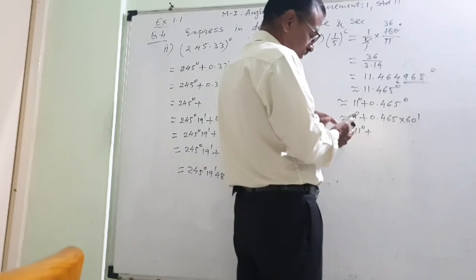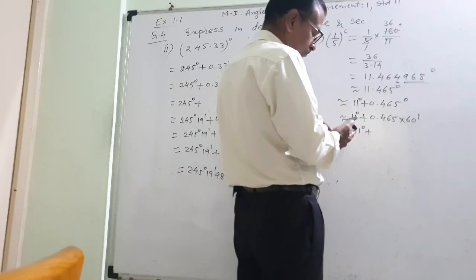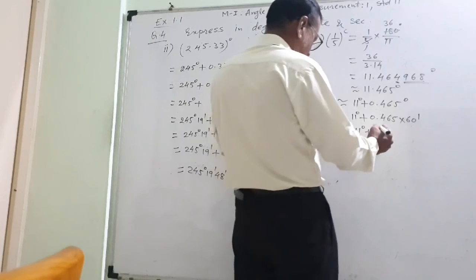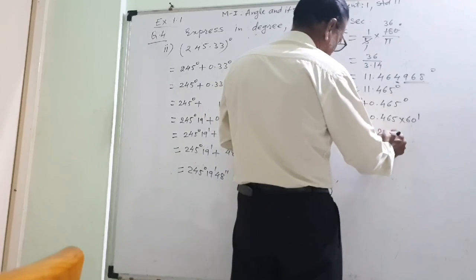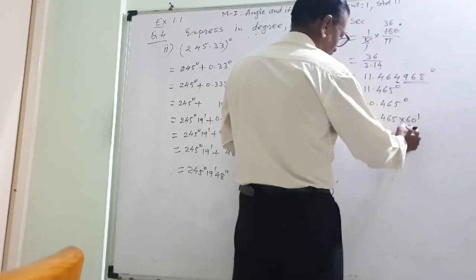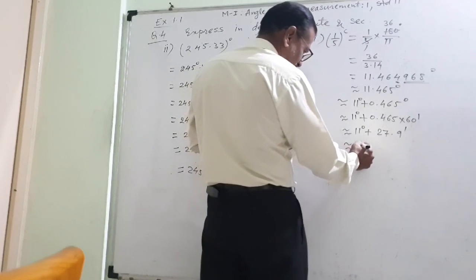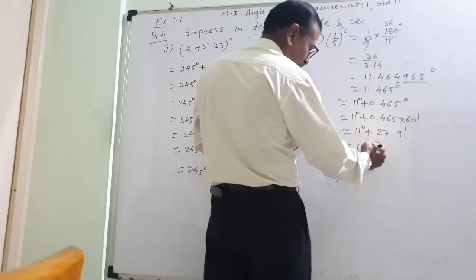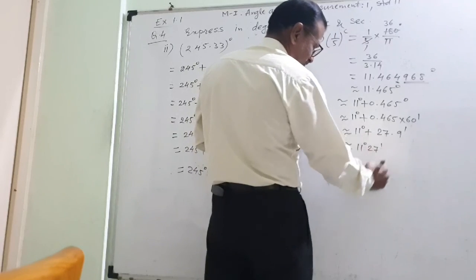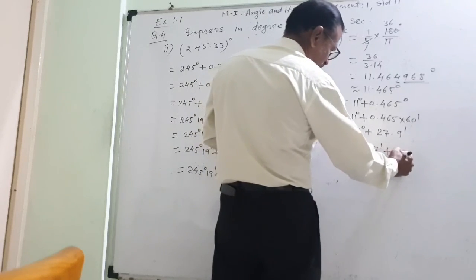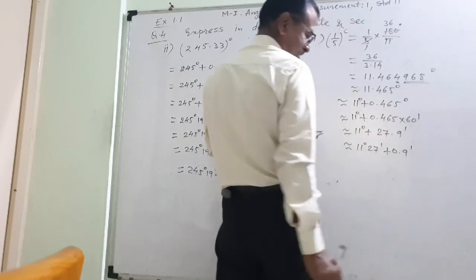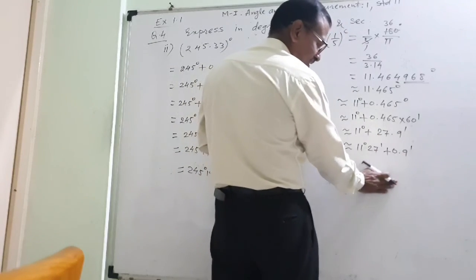0.465 into 60, that is equal to 27.9 minutes. So that is approximately equal to 11 degree. This is the full part of minutes, 27 minutes plus 0.9 minutes. This now I will convert into seconds.